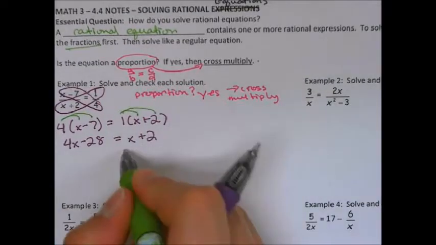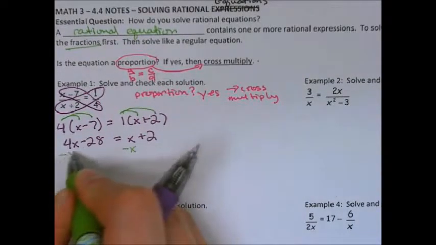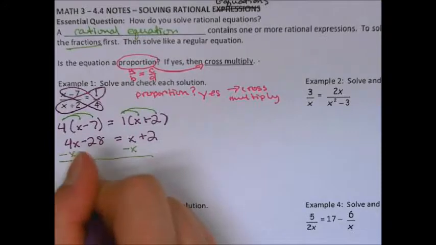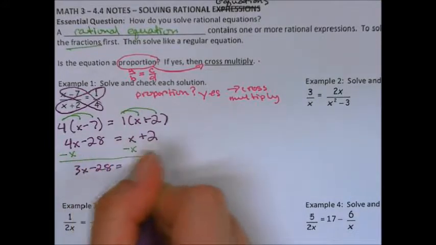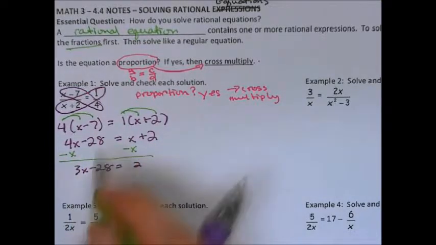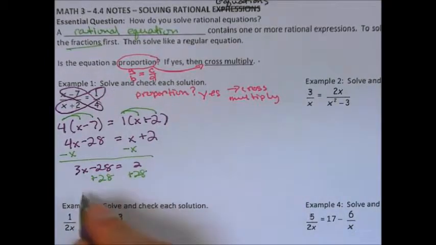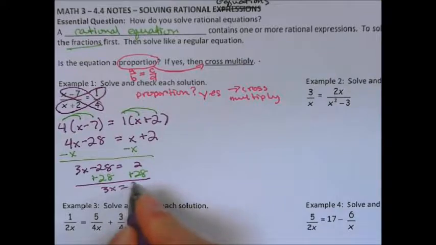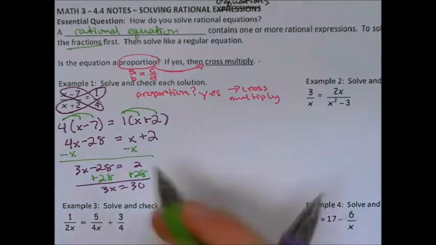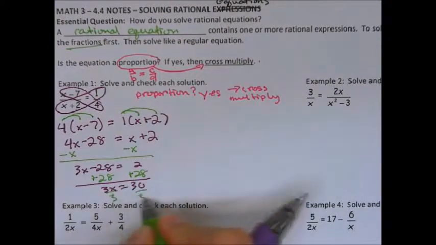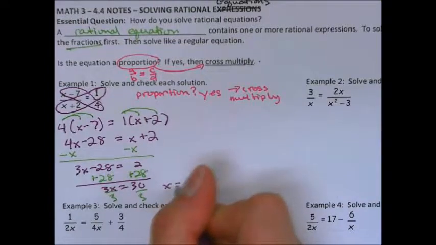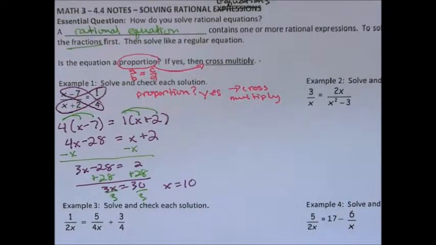I'm going to subtract the x over to here. 3x minus 28 equals 2. Add the 28. 3x equals 30. Divide by 3. x equals 10.